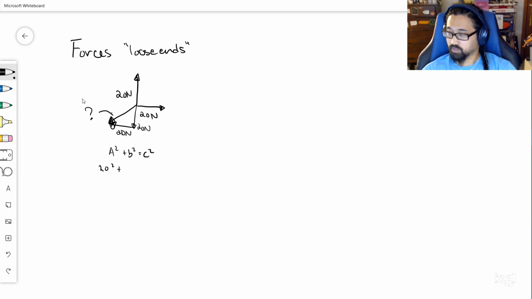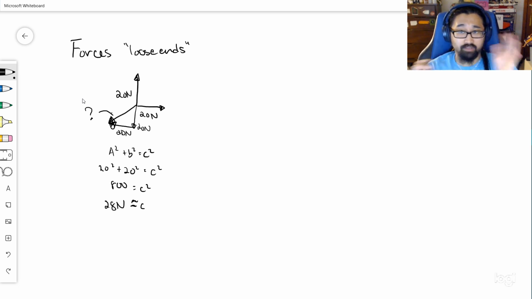So 20 squared plus 20 squared equals c squared, which means 800 is c squared. So c was about 28 newtons, right? And that's how we got that last side. That works for basically any combination as long as they're at a right angle.